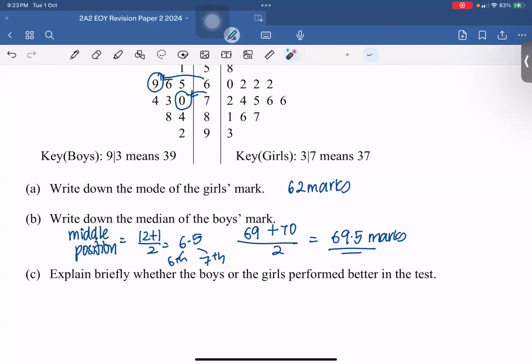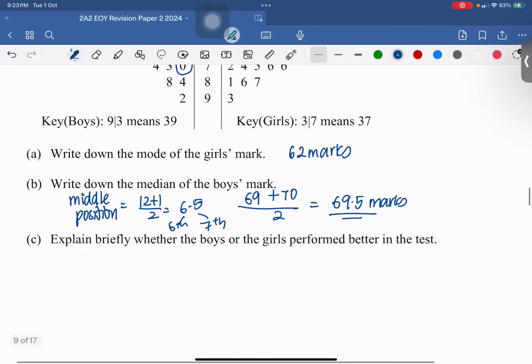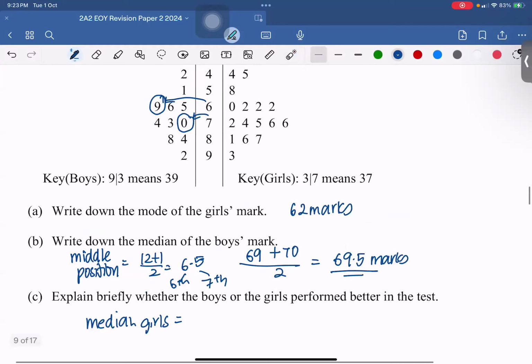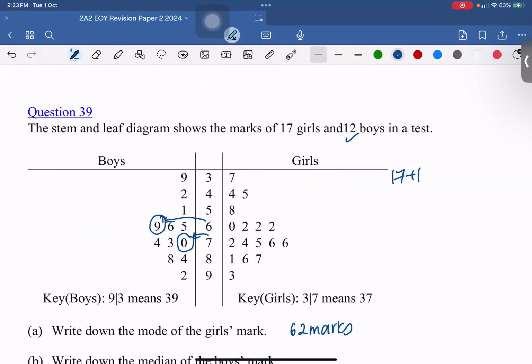What I'm going to do now, I'm going to find the median for the girls. The girls got 17 girls. 17 plus 1 divided by 2 is 18, 18 divided by 2 is the 9th girl. The 9th girl: 1, 2, 3, 4, 5, 6, 7, 8, 9. The 9th girl is 72 marks.